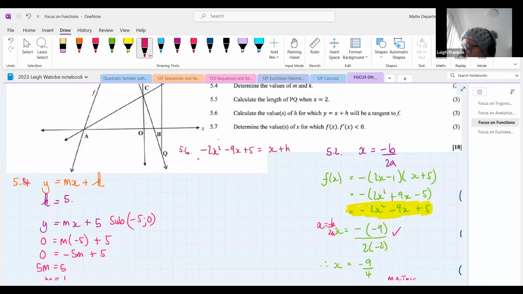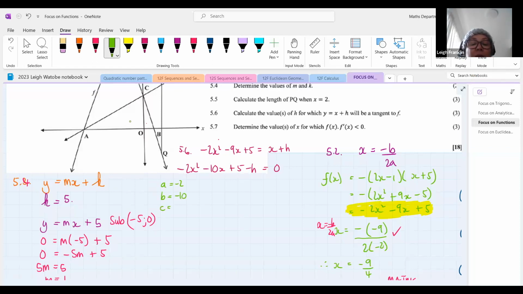Now we need to get it into standard form. So that means moving the x and the h over to the other side. So we've now got minus 2x squared minus 10x plus 5 minus h equals 0. It's now in standard form. That means the value of a is negative 2. The value of b is negative 10.